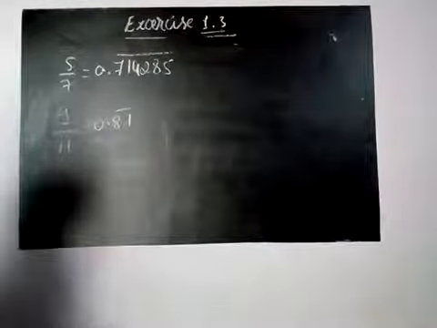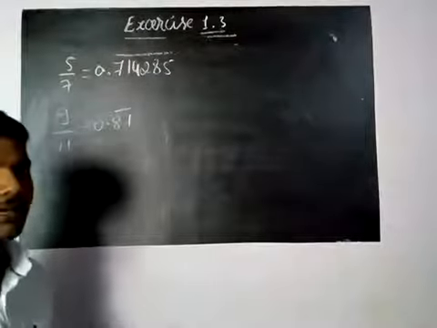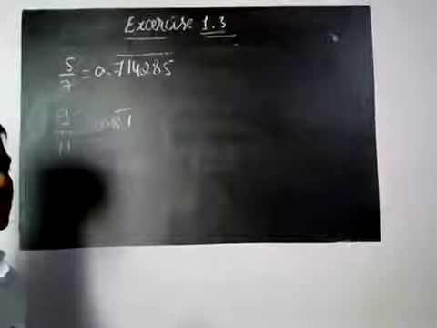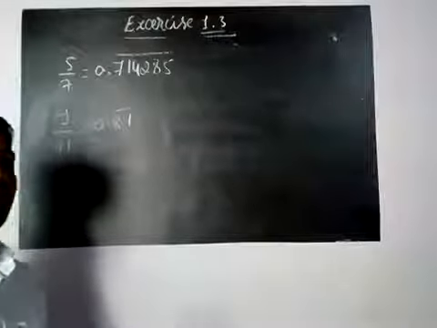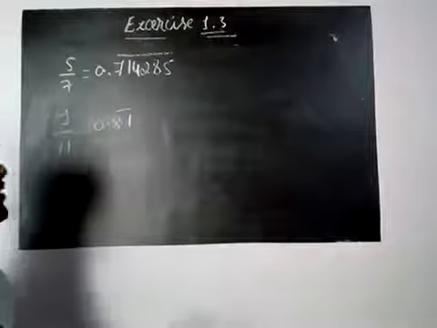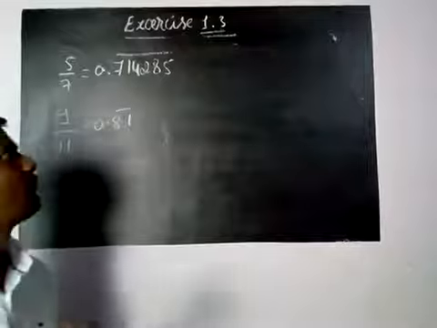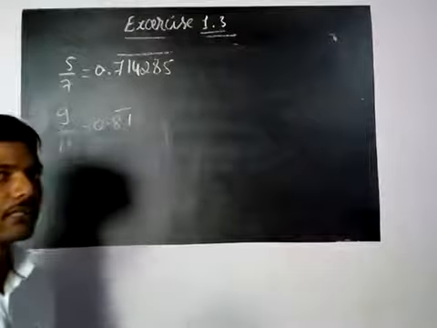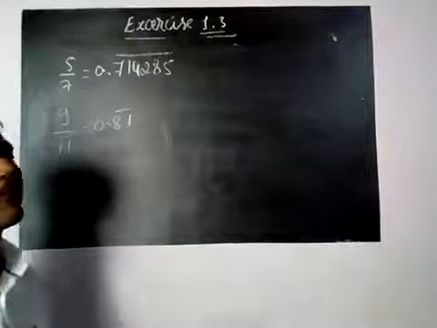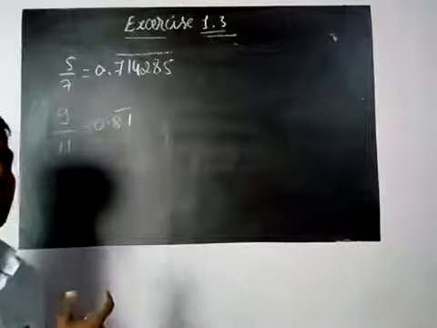Among them, we can write any 3. It is just writing random numbers which are greater than 0.714285 and less than 0.81. In between these two, we can write any numbers.